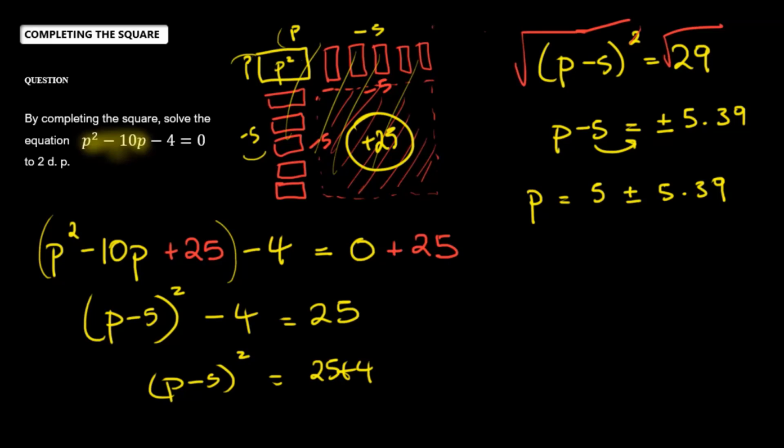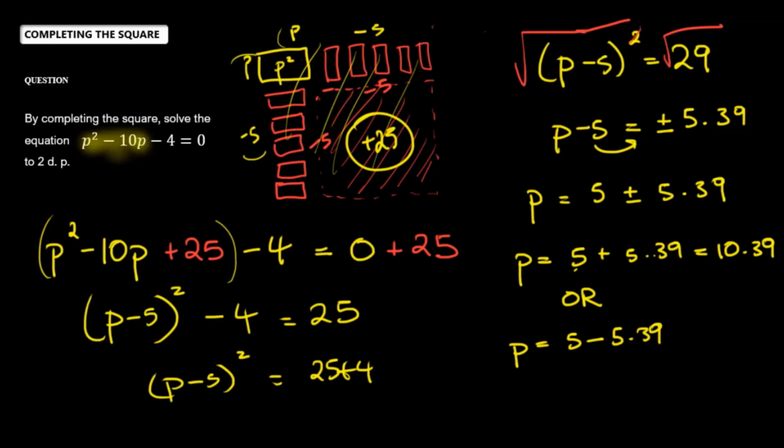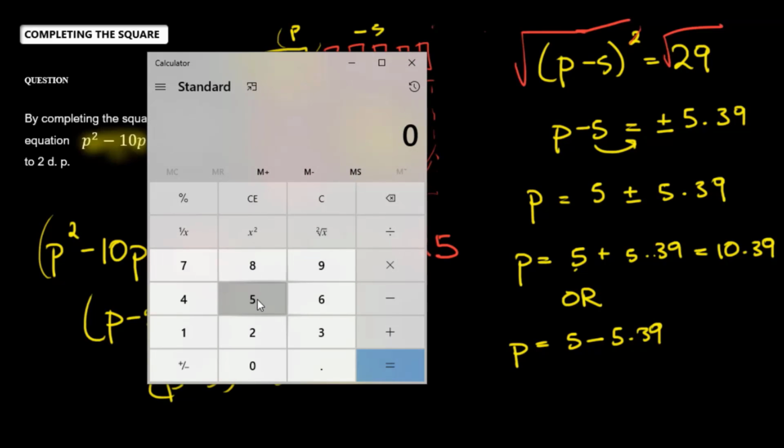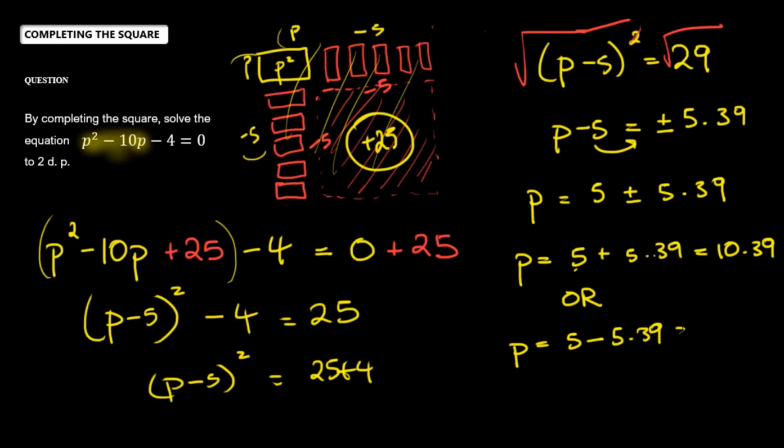And plus or minus tells us that p is going to either be equal to 5 plus 5.39, or p is equal to 5 minus 5.39. 5 plus 5.39 is 10.39, and 5 minus 5.39, I think it should be negative 0.39. Let me just put that in our calculator to make sure. 5 minus 5.39, yes, it would be negative 0.39.